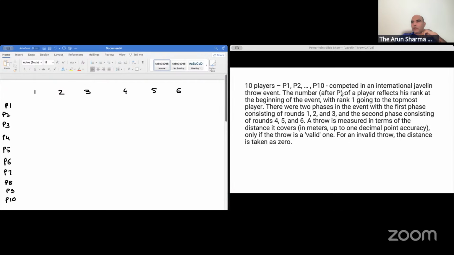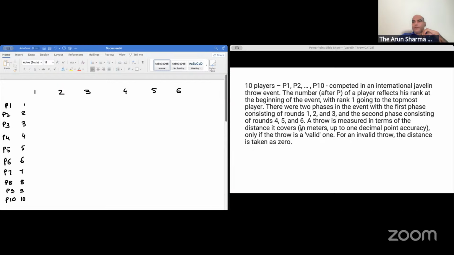So the number of a player reflects his rank at the beginning of the event, with rank one going to the topmost player. So the order of throw in the first round will be 1, 2, 3, 4, 5, 6, 7, 8, 9, and 10. This would be the order of throwing in the first round.